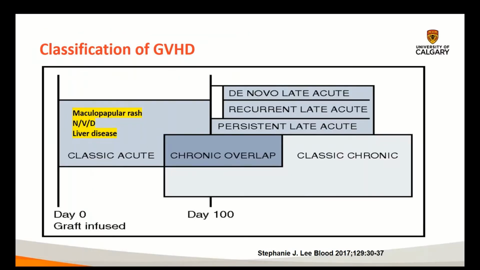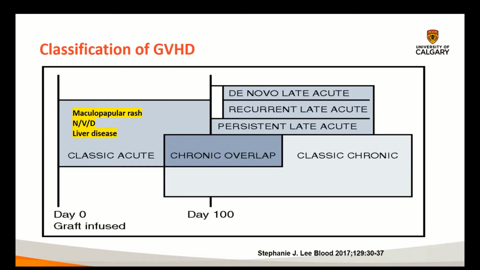So if we go back to our classification system for graft versus host disease here, if the patient has one or more of the common features of acute graft versus host disease, but no diagnostic features of chronic graft versus host disease, then we are dealing with acute graft versus host disease. At that point, we can move on to look at the time post-transplant.